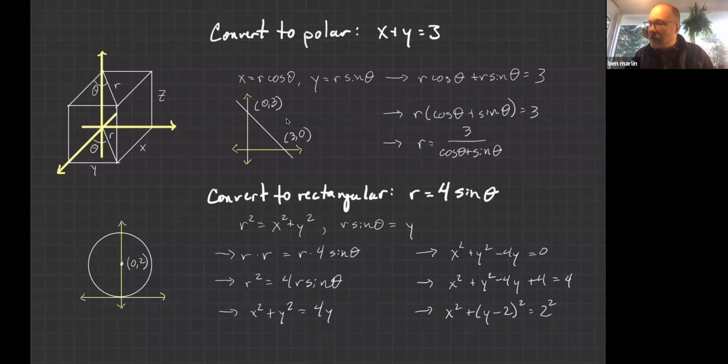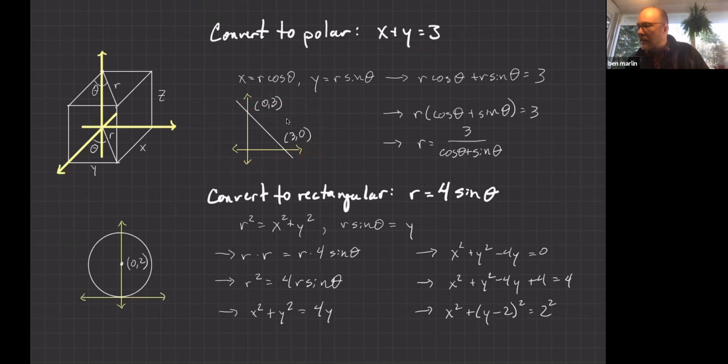So, all right. So this example here, we're going to talk about taking a rectangular equation, x plus y equals 3, and we're going to convert it into a polar equation. Now, x plus y equals 3, you know what that looks like. The graph of that is going to be a straight line. And it's easy enough to figure out the two intercepts of it are going to be (0, 3) and (3, 0). Okay.